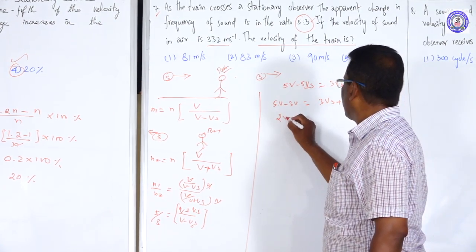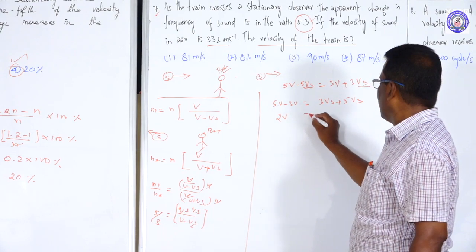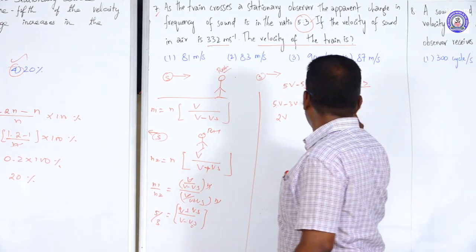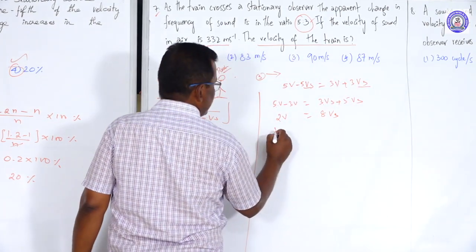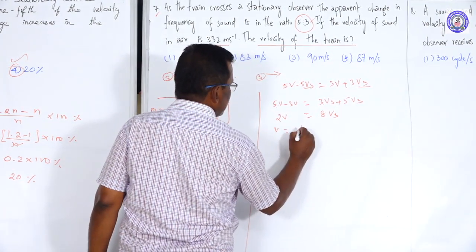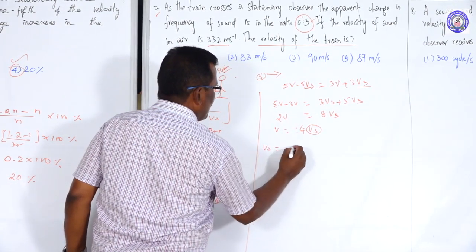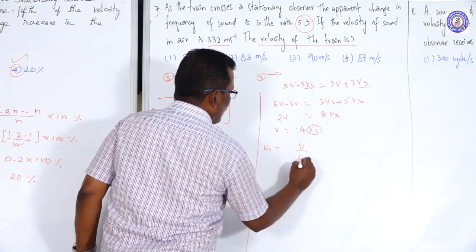5v minus 3v is 2v, and 3 plus 5 is 8vs. So 2v is equal to 8vs, so vs is equal to v by 4.